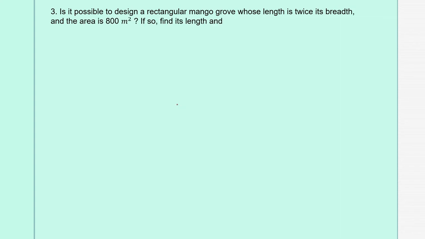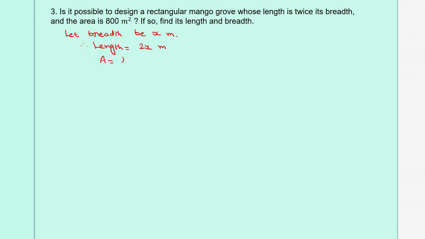Is it possible to design a rectangular mango grove whose length is twice its breadth and area is 800 meters square? If so, find the length and breadth. Let's assume that breadth is x meters. So length is twice the breadth, therefore length is equal to 2x meters.